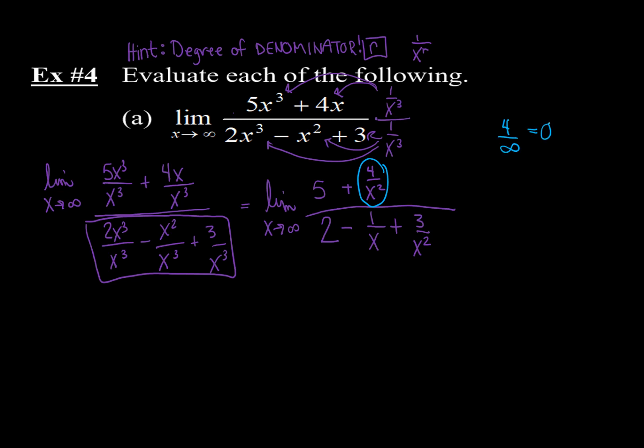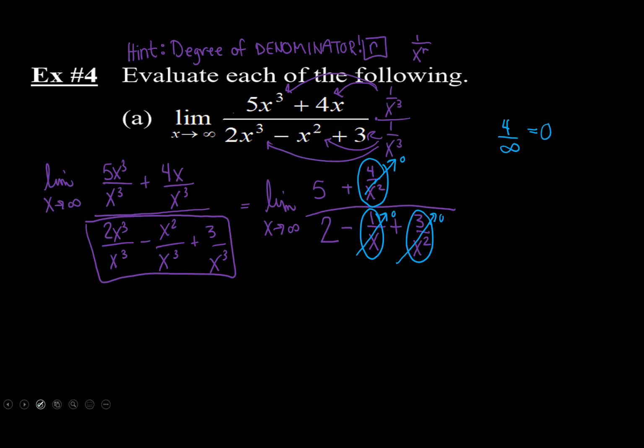And we know from that definition earlier that that's going to be equal to 0. Like if I have 4 cakes and I divide them amongst infinitely many people, everyone's still going to be disappointed. So that's going to equal 0. Same with this, 1 over x, that's going to approach 0. And then same with this, 3 over x squared, that's going to approach 0.